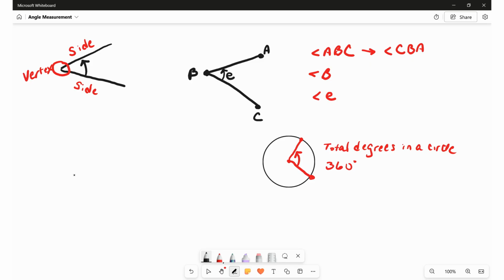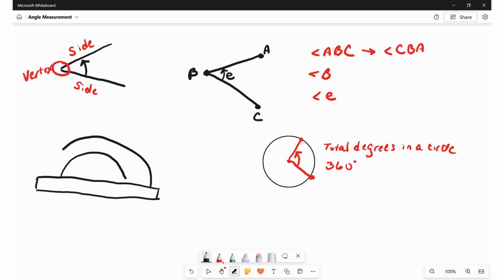So when you have a protractor, and I'm not a great artist, but a protractor usually looks kind of like this, and then it's got a piece like this. And it's got all these little marks in it.